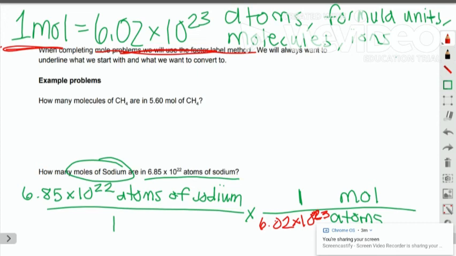And for that answer, I get with my calculator 0.113787375.